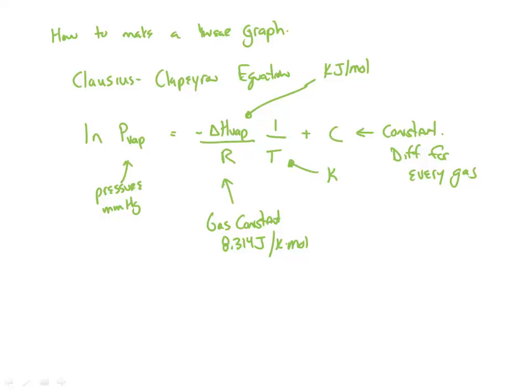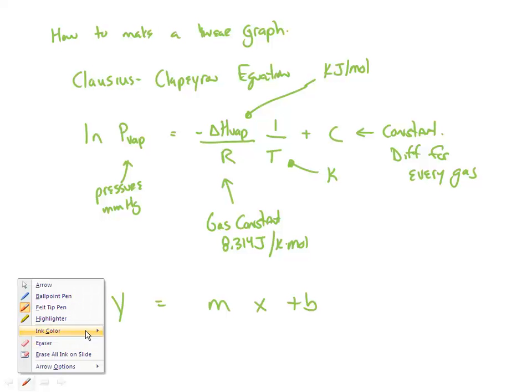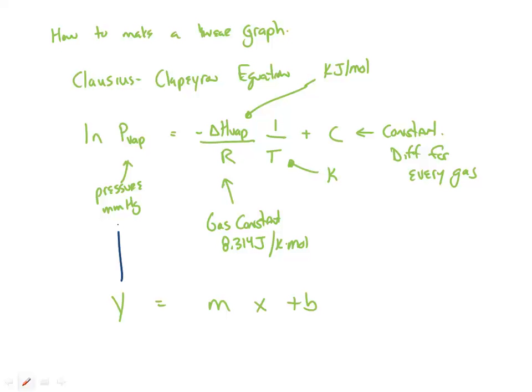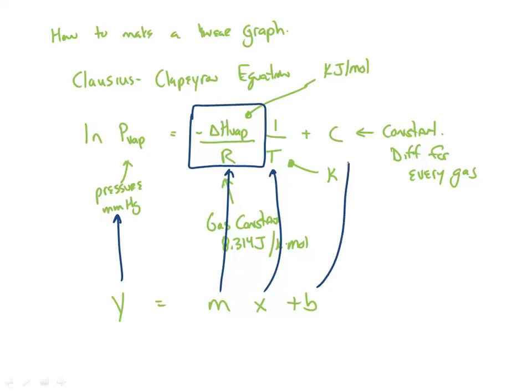And you'll notice that this looks a lot like y equals mx plus b, where y is simply the natural log of my vapor pressure. M is the slope of this line, so that means m is minus delta H of vaporization over R. X means that we plot it versus 1 over temperature, and then again, we don't worry about that constant term so much.